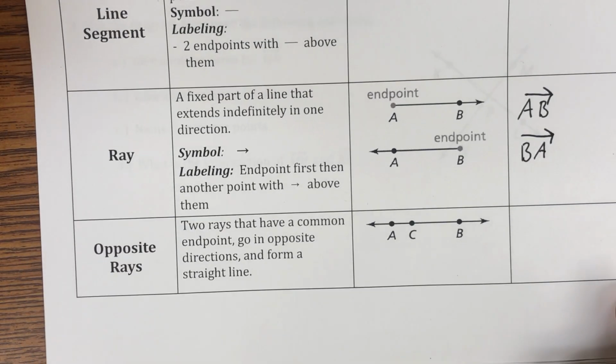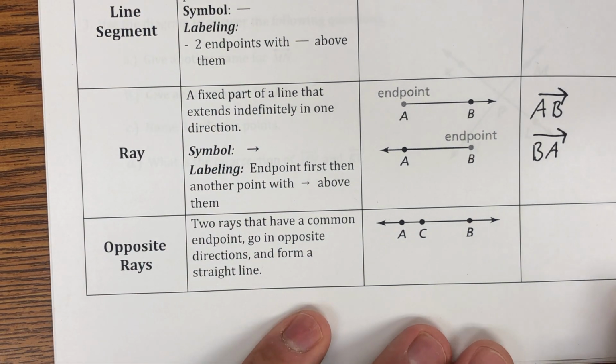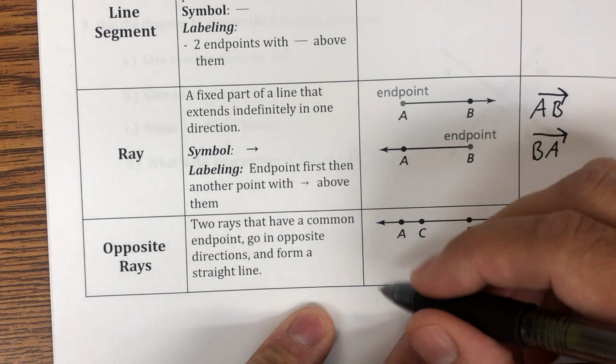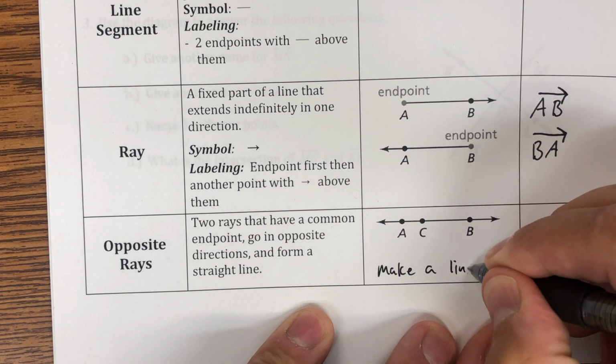Opposite rays, last term for this page, it's a big one. Opposite rays are 2 rays that have a common endpoint, but go in opposite directions. Opposite rays make a line.